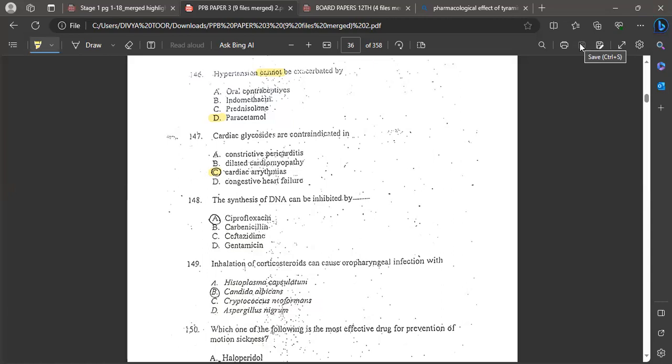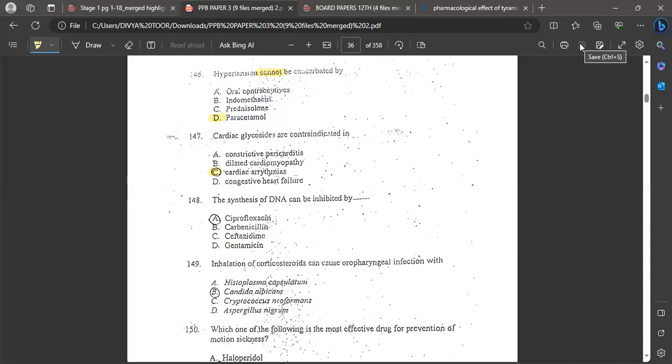Digoxin is a good example of a cardiac glycoside, right? But it's given for a specific type of arrhythmia. If I'm not wrong, there is a type of arrhythmia where we can give digoxin.